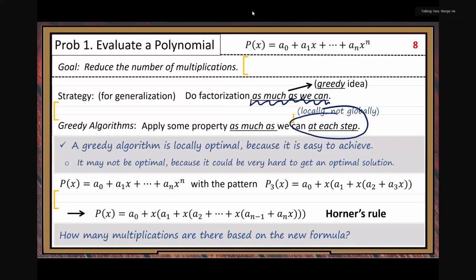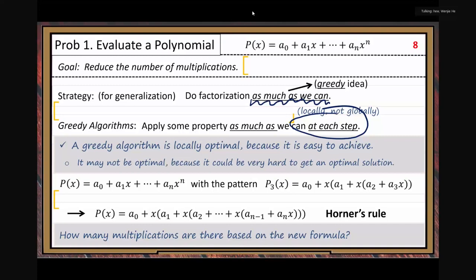How many multiplications are there based on the new formula? Can you do the counting? How many multiplications do we need here? Based on what you have learned, a lot of results we have learned so far. Can you get n?